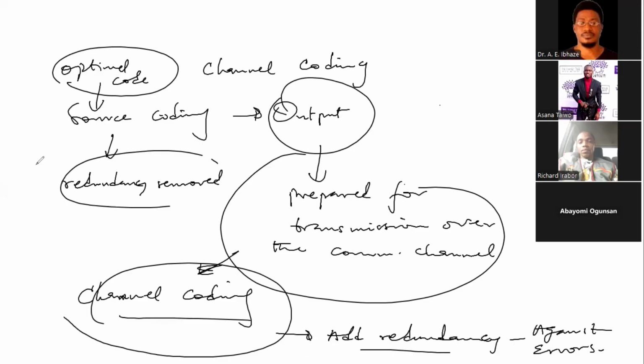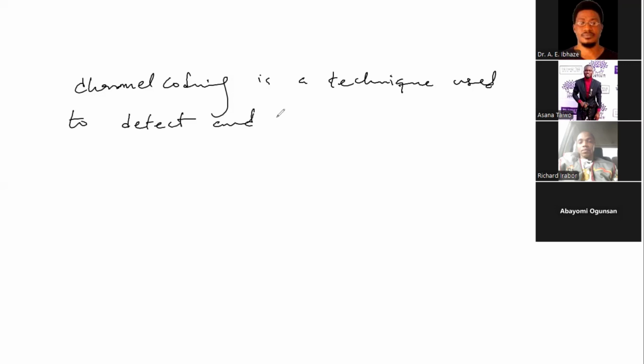So technically speaking, we'll say that channel coding is simply a technique used to detect and correct errors used during data transmission.